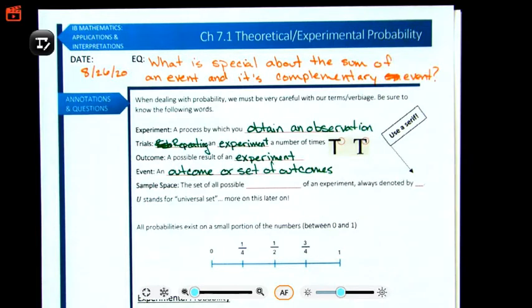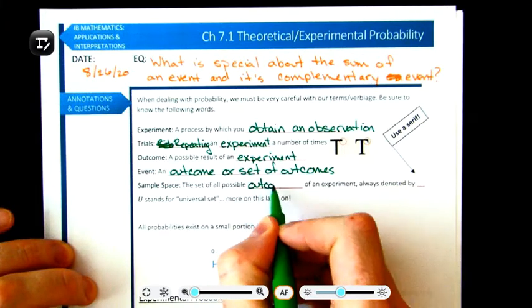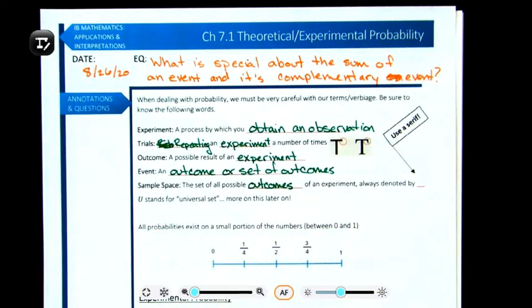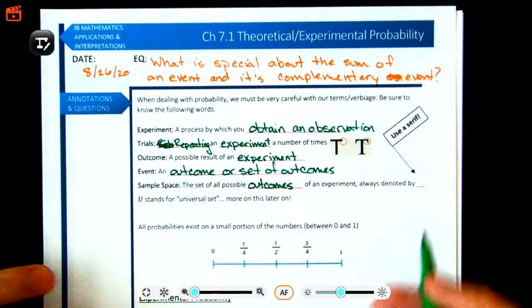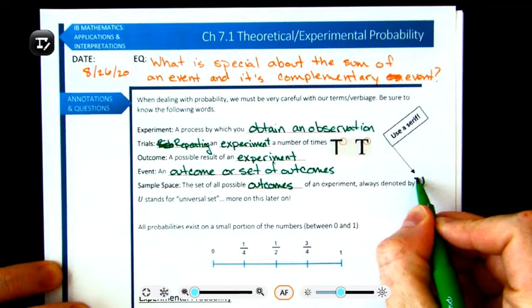Now the phrase sample space is going to come back later on in this unit. A sample space is the set of all the possible outcomes. Everything that could happen in your experiment is considered your sample space. Okay. So it's always denoted by a very special symbol. It's a capital U, but you just can't put U. You have to put little serifs, and that's why I have a little box here.